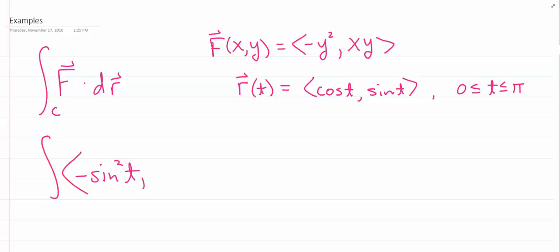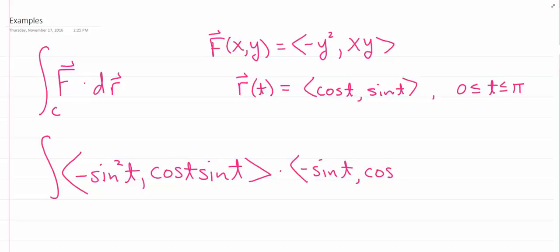Then I have cosine t, sine t. And I'm going to dot that with the derivative, dr. The derivative is going to be negative sine t, cosine t, dt. Now we have an integral that we can deal with. And we're going from 0 to pi.